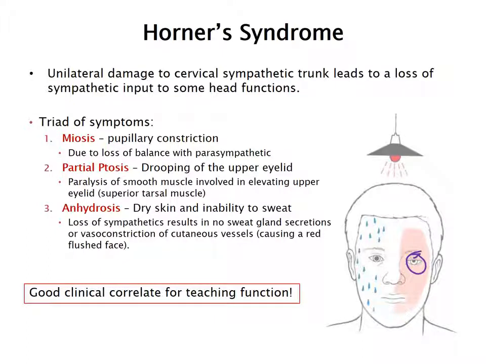In addition, also recall that sympathetics are responsible for vasoconstriction of cutaneous blood vessels. With the sympathetics out, that means the blood vessels become vasodilated. As such, it can cause a red or flushed face on the affected side. This is a great example of how both sympathetics and parasympathetics complement one another to maintain normal function.